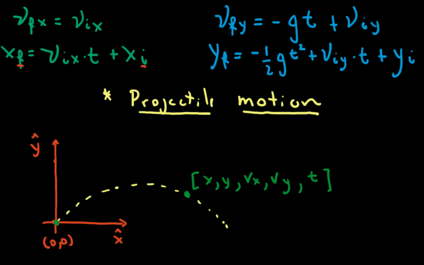So each point in this arc is going to have a different x, y, vx, vy, and t. Now, you can call any point initial and any point final. So you could potentially call this point final and then call this point initial. Actually, time is always counted from the initial, so I'm going to get rid of it from this list just to focus on the positions and velocities.